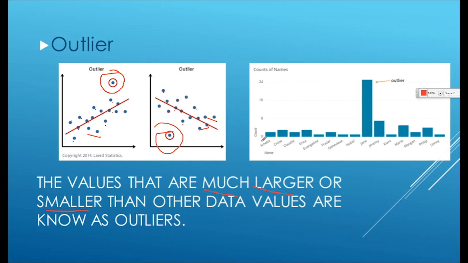You have Amelia, Chloe, Claudia, Erica, all the way to Jane. The most common name is up here, maybe about 24, where the closest other one is 8, and the rest are maybe about 2 or 1. So the outlier is the number that is either much larger or much smaller than all the others. They lie outside, also known as outliers.